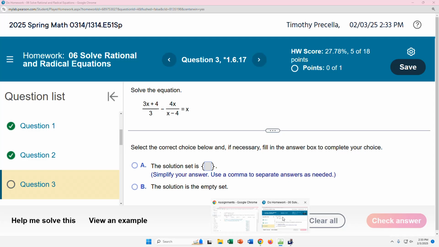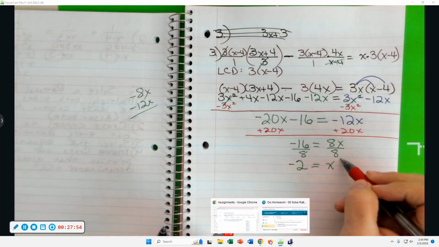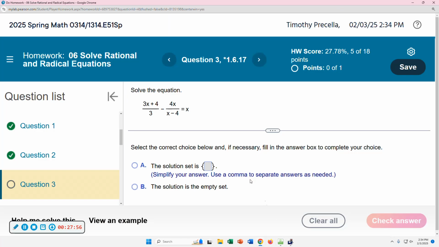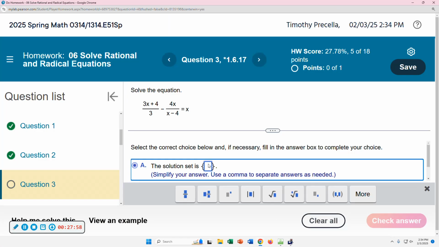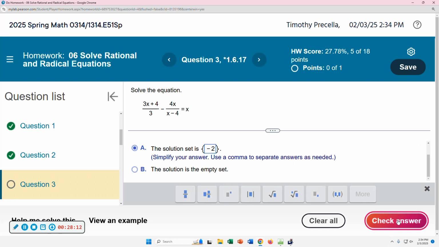The second denominator, okay. Did we get a 4 as our solution? So negative 2 is an acceptable solution. If we had gotten 4 as the answer, we would have to click the empty set. We would have crossed out 4 and selected the solution as the empty set. Any questions there?